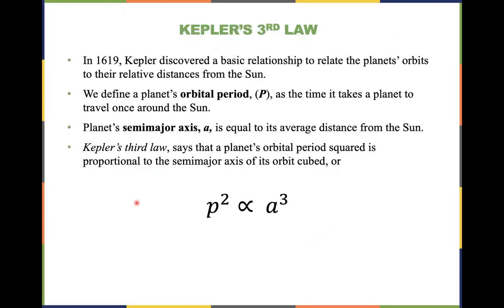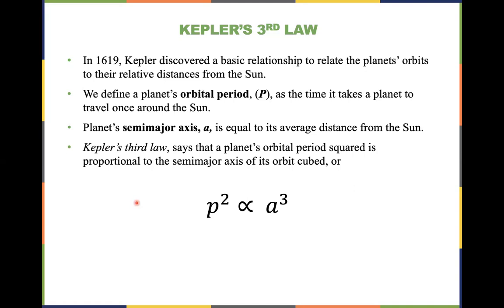And Kepler's third law is probably the most important for us. What he stated here is that if you denote the orbital period of a planet as P, and the length of the semi-major axis of this elliptical orbit as a, P squared is proportional to a cubed.